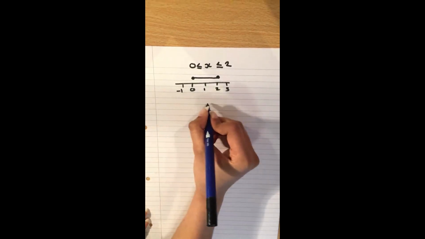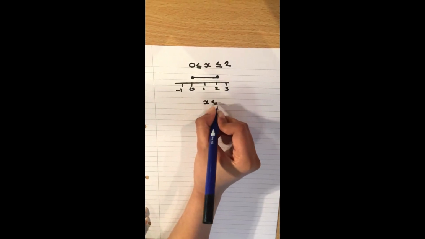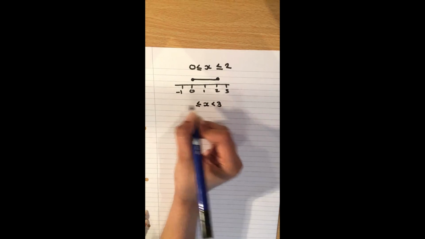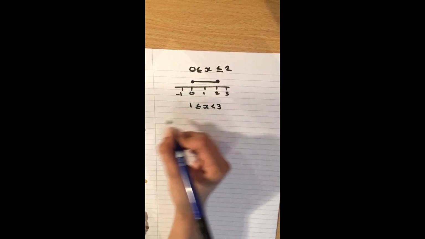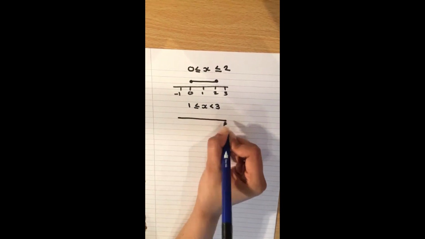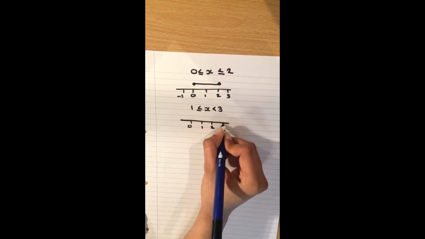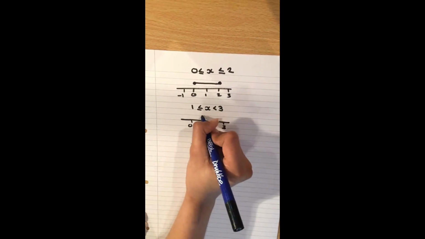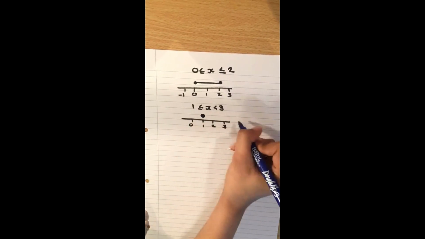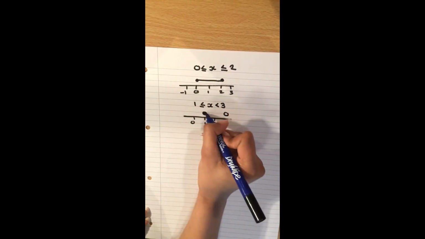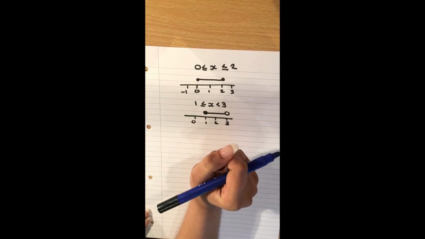Another example is x is strictly less than 3, but greater or equal to 1. So you would have a solid dot at 1, an empty dot at 3, and the values between it.